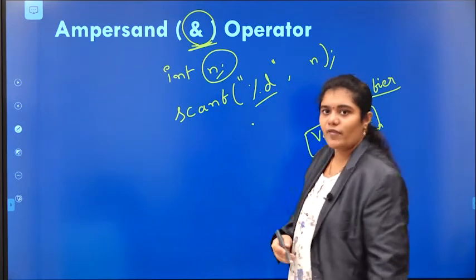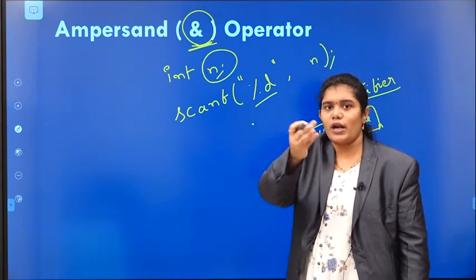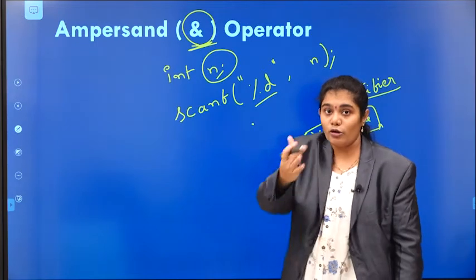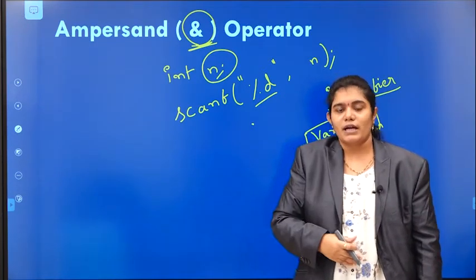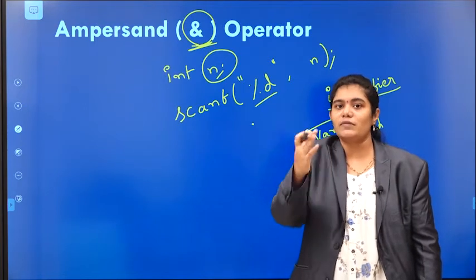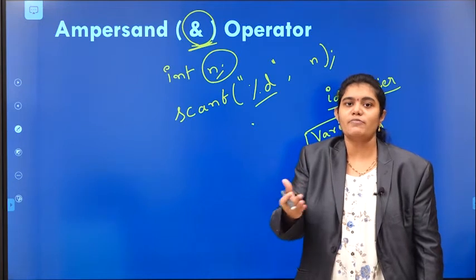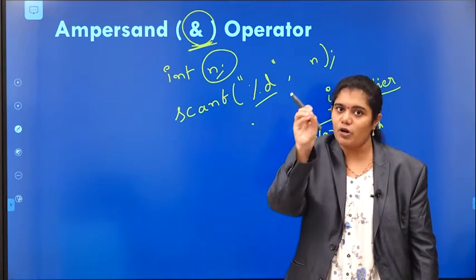If I just specify n, is it enough? If I want to send a letter to your home and I just specify your name on the envelope, will the postman deliver that letter to your home? No, the postman cannot deliver that letter if I just specify your name.